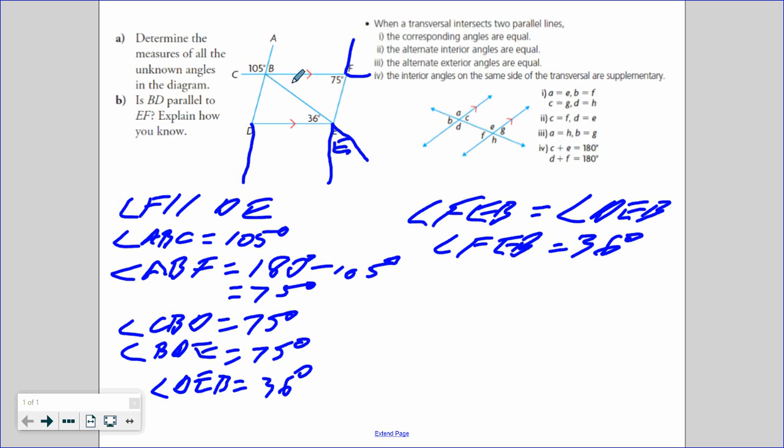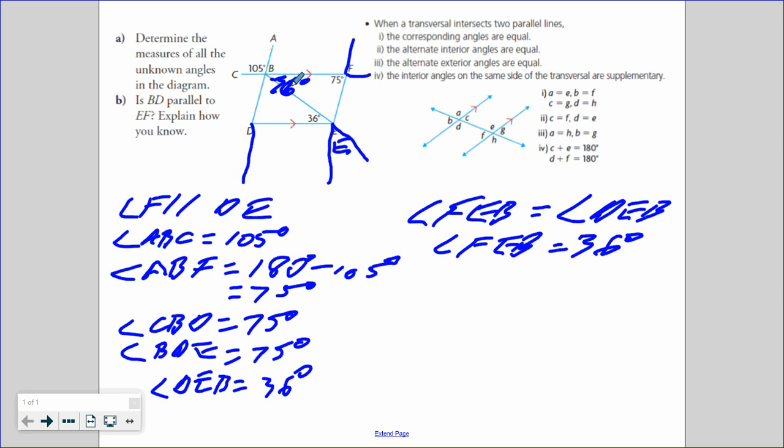That plus what we know, EFB, so EFB being 75. So 75 plus an unknown plus this angle up here. We already figured out this was 36. So let's just put 36 right there.